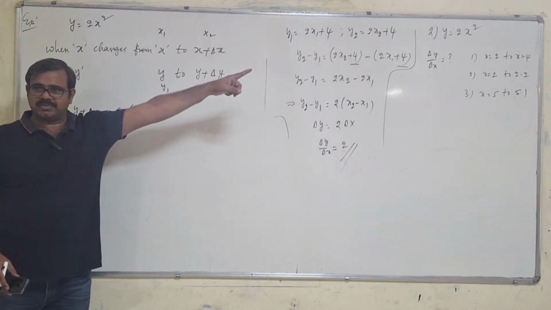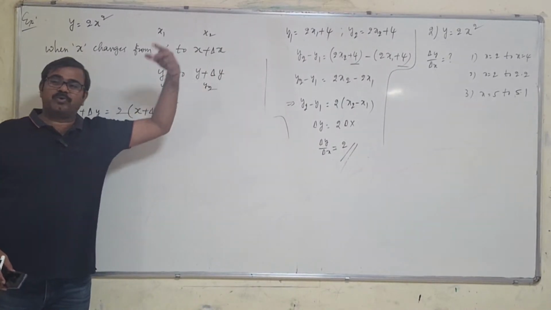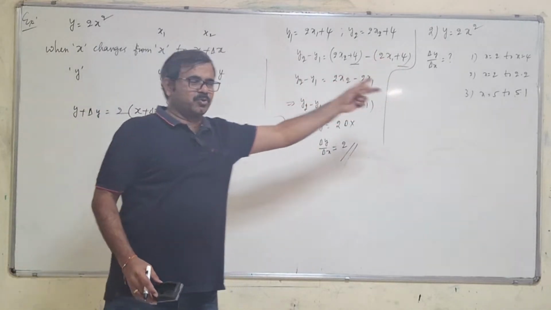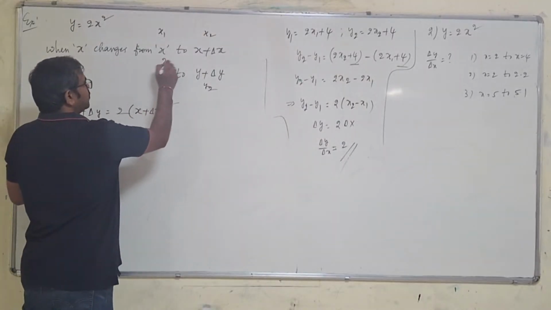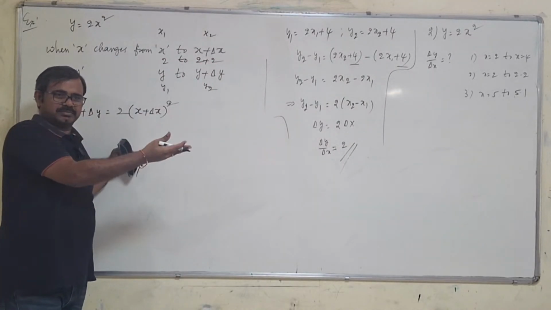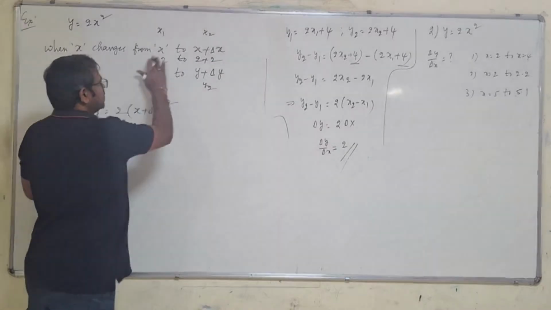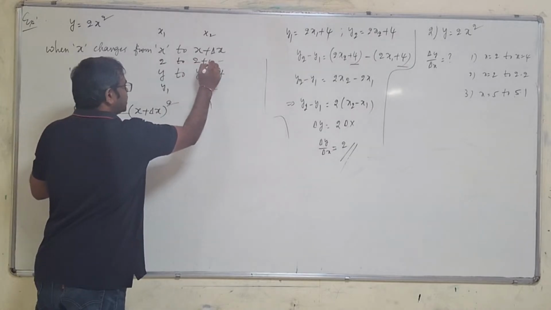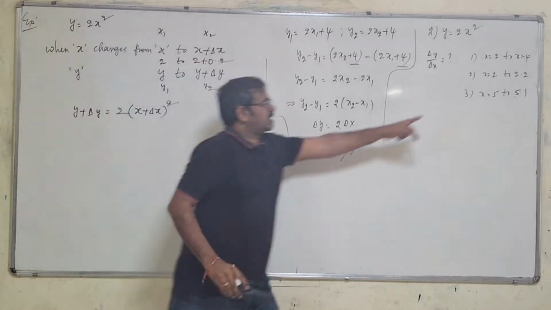Okay, this may be 2 and this is 4. Suppose take that first case. X changes from 2 to 4, so x changes from 2 to 2 plus 2. That's what I'm writing here. In the second case, x changes from 2 to 2 plus 0.2.